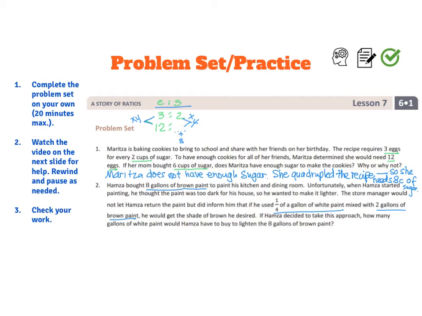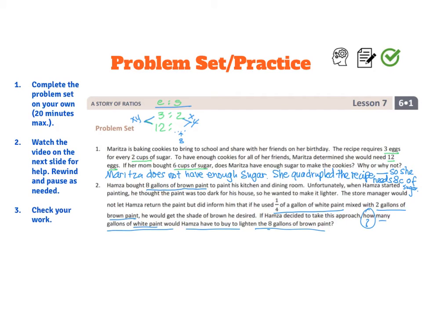If Hamza decided to take this approach, here's our question. How many gallons of white paint would Hamza have to buy to lighten the 8 gallons of brown paint? So we want to know how many gallons of the white paint.